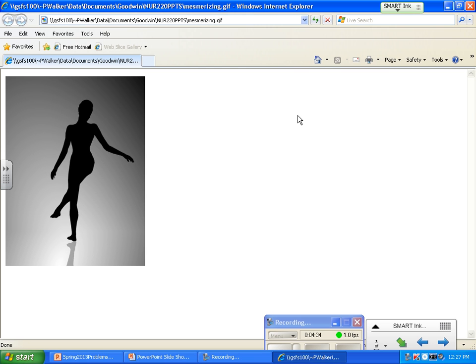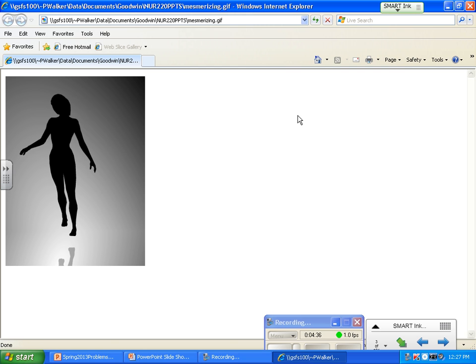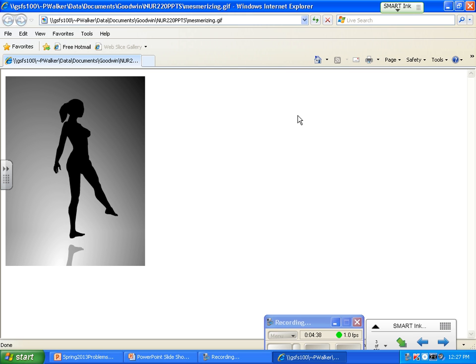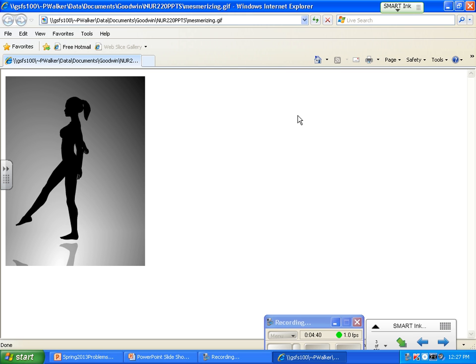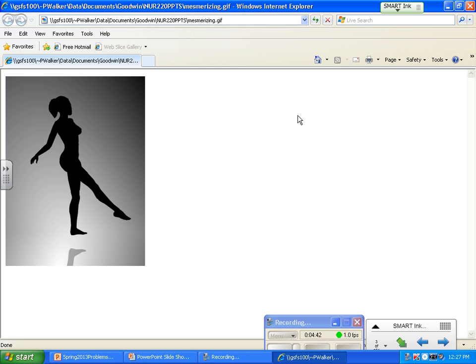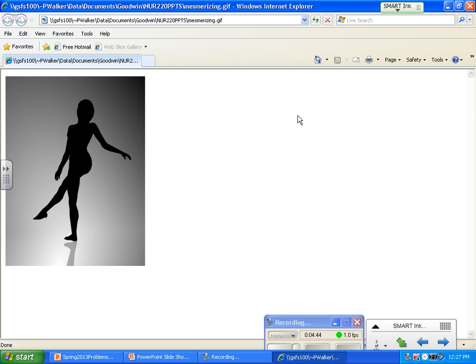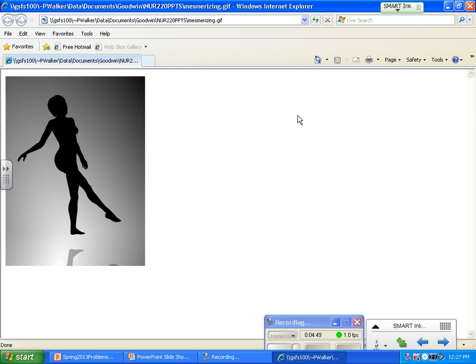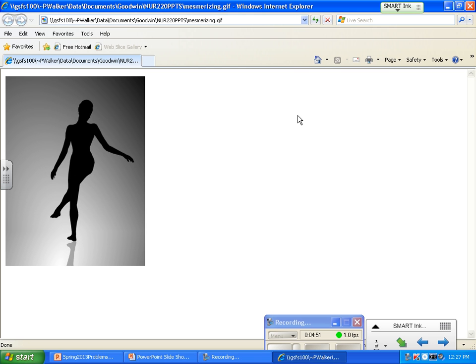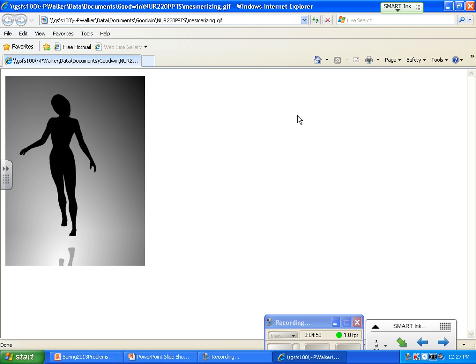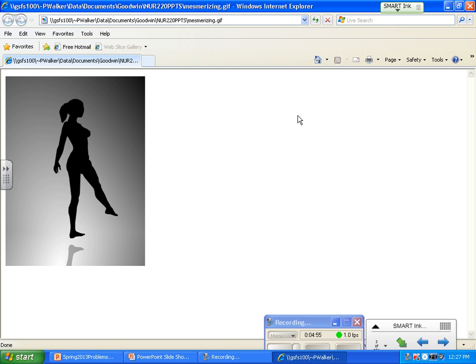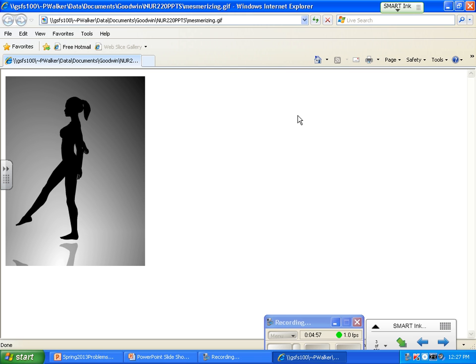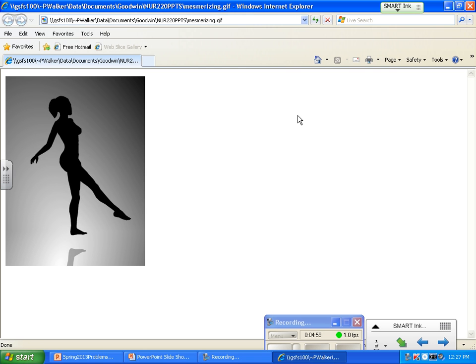Who can see her turning counterclockwise? Who can see both? Can anybody see both? Or can you make her change? Okay, I can only see her turning clockwise. And some people can only see her turning counterclockwise, and no matter what you do, if you look away, if you look at a different part of the picture, she's still turning that same way and you can't make her change. Other people can make her change direction.